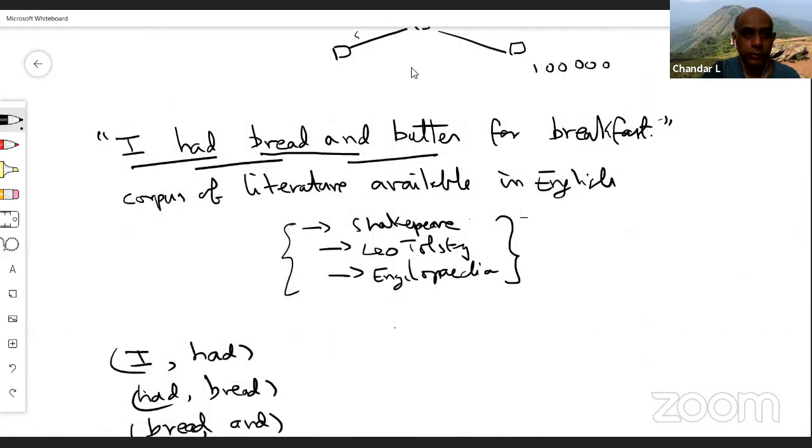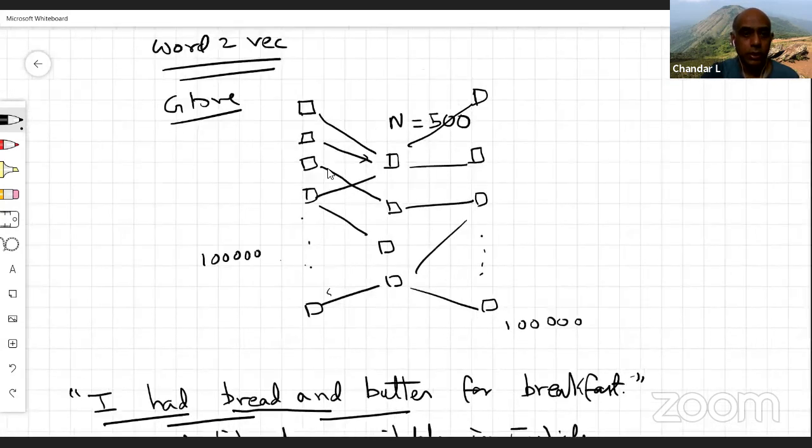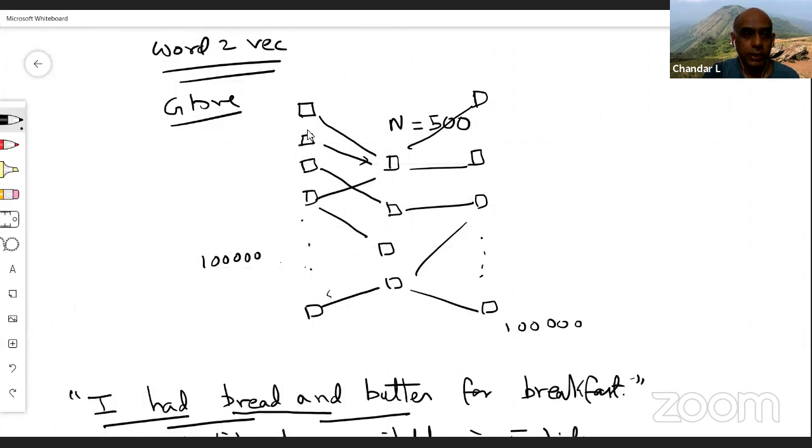So the input vector corresponds to the word "I" in this whole vocabulary, and it was probably the fifth word, for example. So let us say it was the fifth word, which means we have an input which is 0, 0, 0, 0, 1, because that is how we have defined the one hot encoding. And then 0 everywhere else.